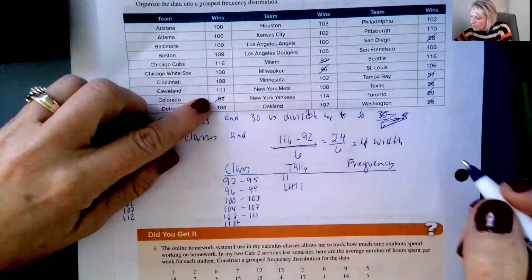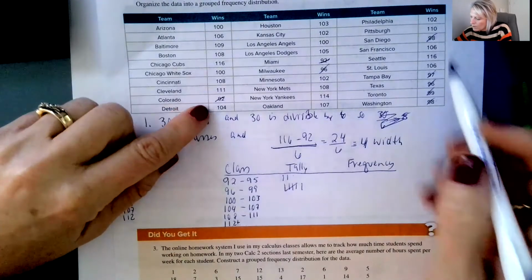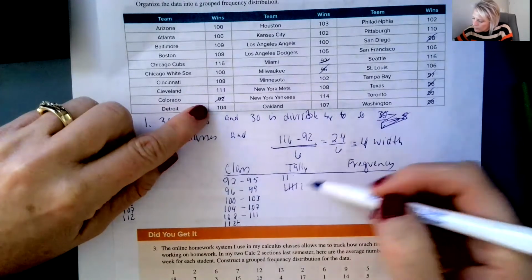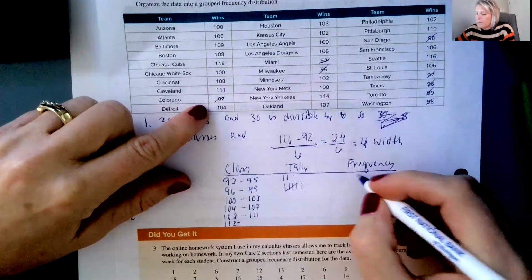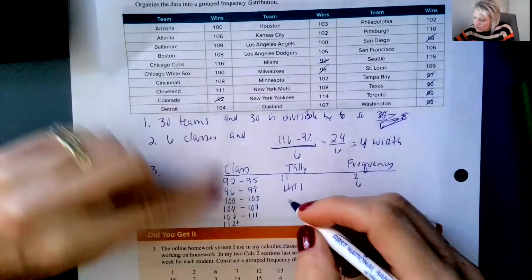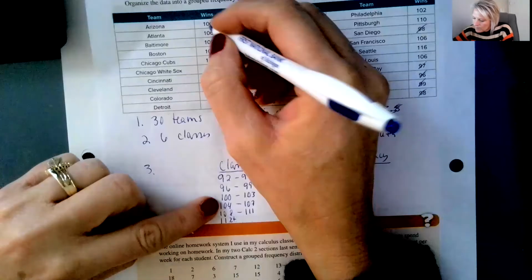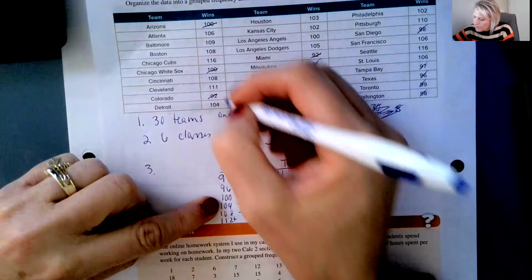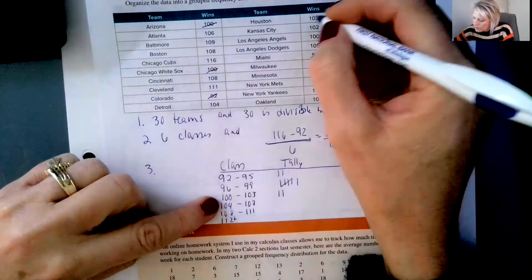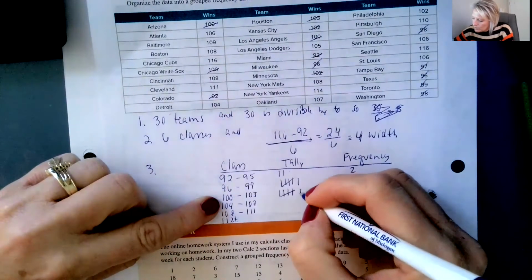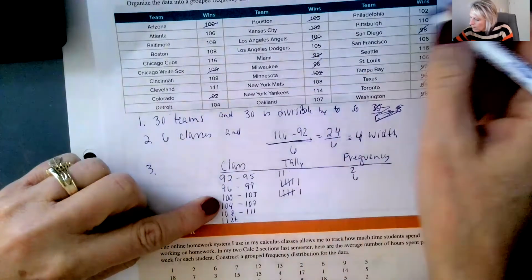I found 6 in that corner. So I've done 2 and then 6. And then 100 to 103.